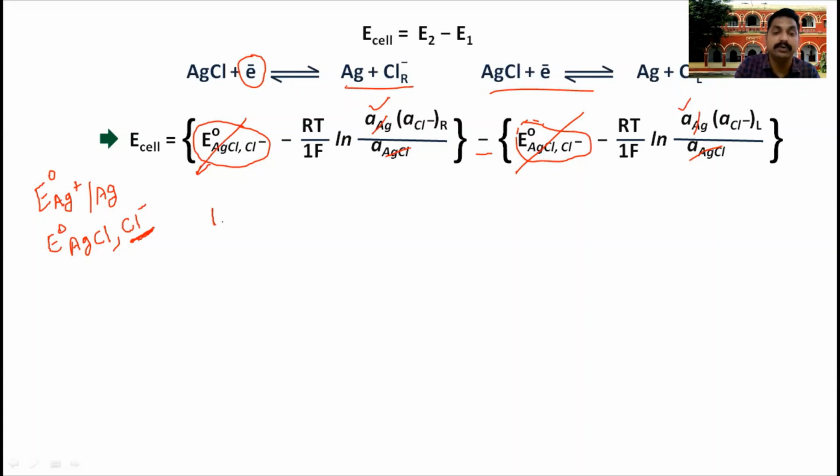E cell is equal to minus RT by F into Ln activity of chloride ion on right hand side, minus in bracket again minus RT by F Ln activity of chloride ion on left hand side.